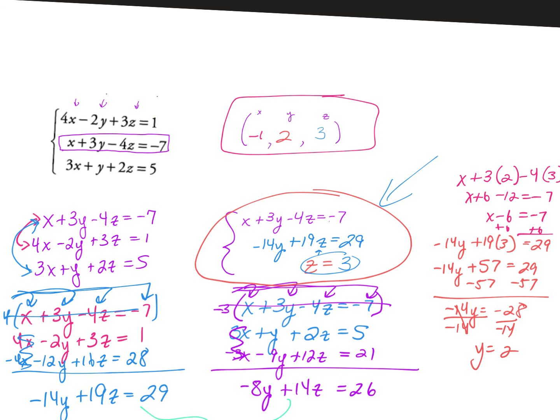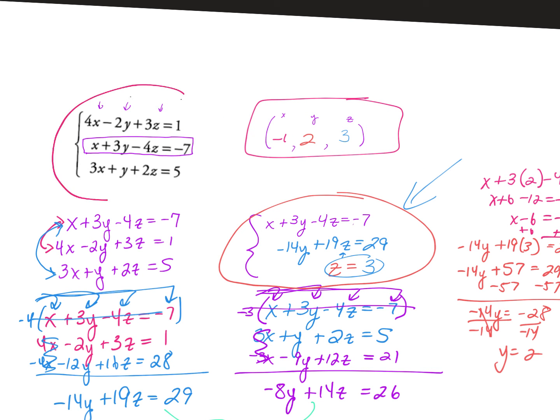And the way that you can check that is you go back to your very originals and you plug in all 3 values to all 3 equations. So 4 times negative 1 minus 2 times 2, plus 3 times 3. And when I hit enter, I should get 1. And I do. So then I say, okay, let me check the middle one.